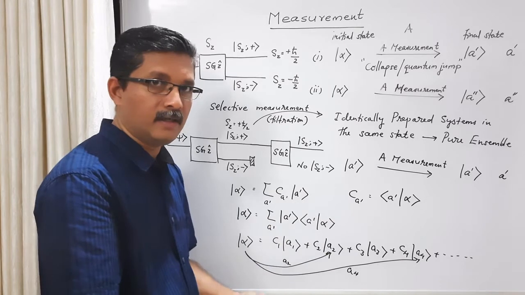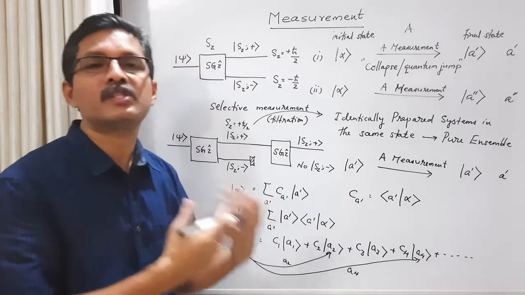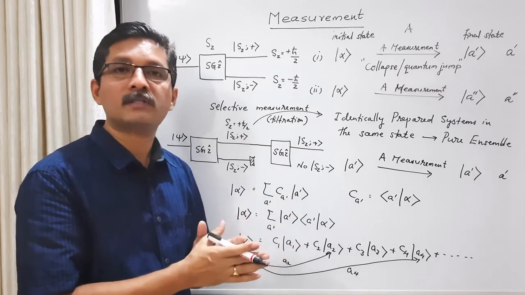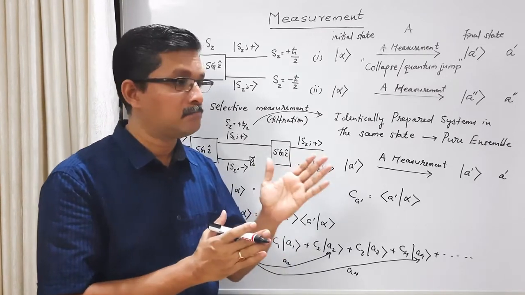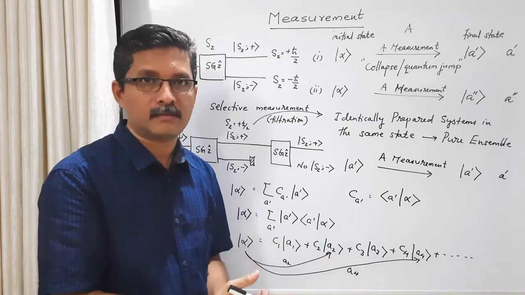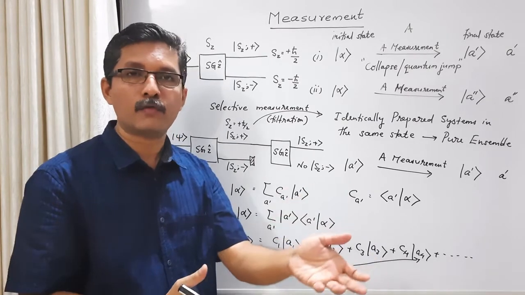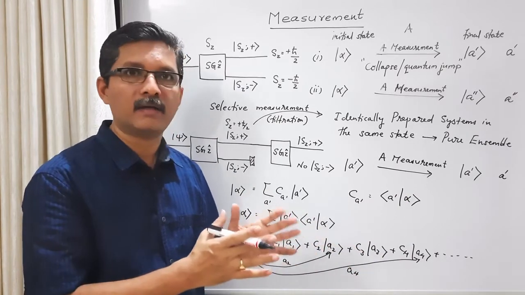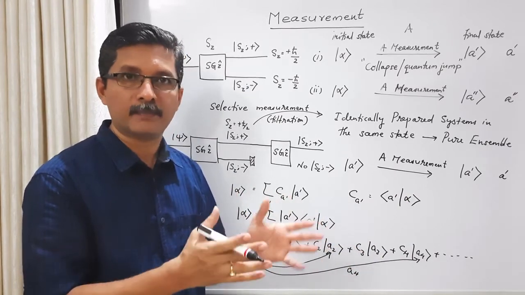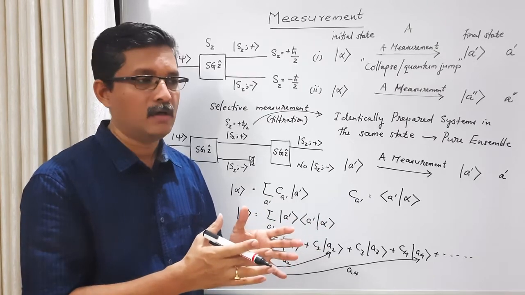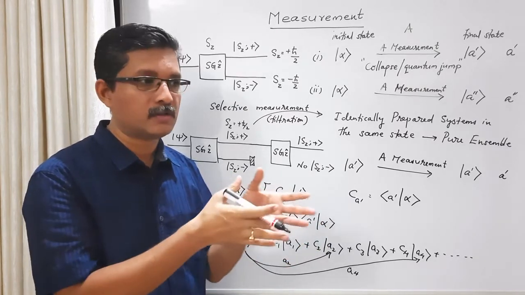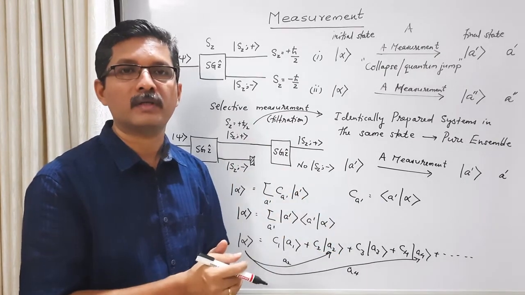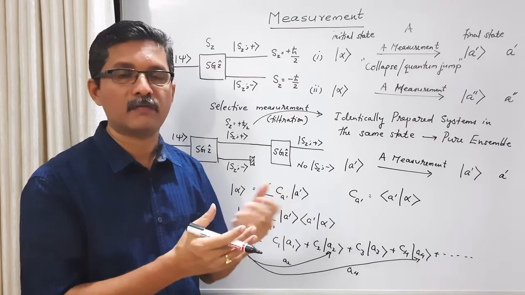It goes like that. We cannot predict to which eigenket it will collapse. In other words, in a particular trial, we cannot predict which eigenvalue we are going to get. It can be A1, it can be A4, it can be A7, it goes like that. So the collapse is completely arbitrary, random. It's a random process. We cannot predict to which eigenket the system is going to collapse, or which eigenvalue we are going to get as the result of each individual measurement.